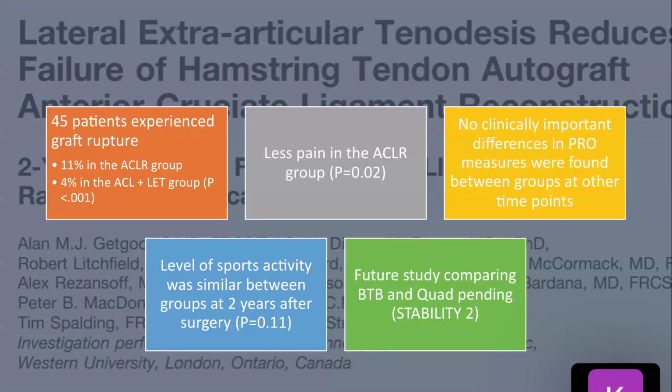Level of sports activity was similar between groups at 2 years after surgery. And a future study is now underway, the Stability 2 study, which is going to look at BTB and quad, comparing solo BTB and quad ACL reconstructions to BTB and quad with an LET.